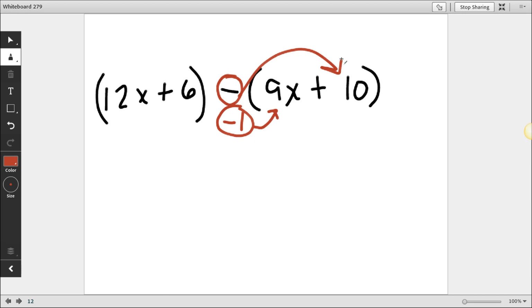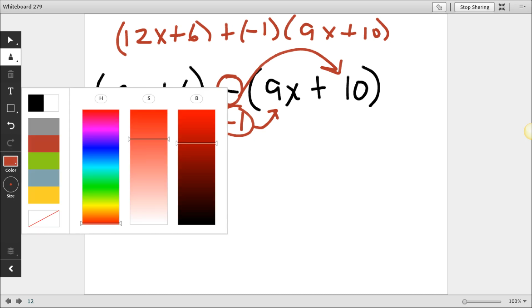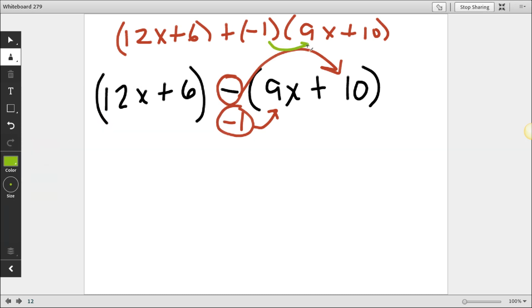Technically, we could rewrite this as 12x plus 6 plus negative 1 times 9x plus 10. So if that makes you feel better and that helps you understand what you're doing, write it like this. We're still going to follow the same procedure.